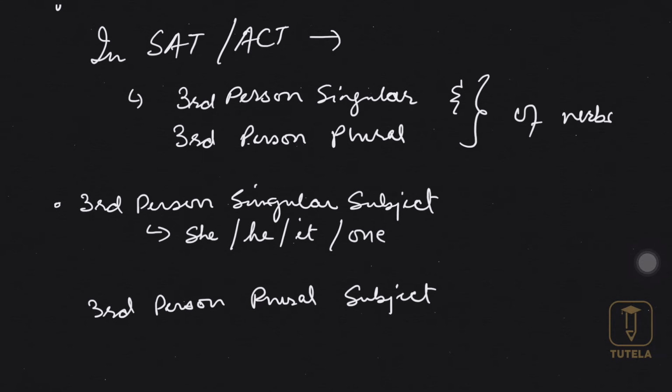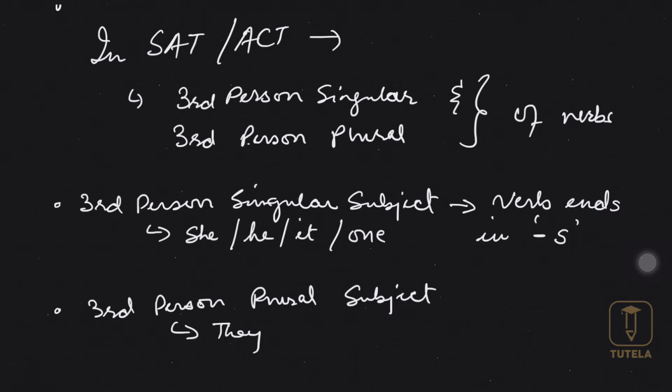Whenever we are using third person singular subject in a sentence, the verb will end in an S. And when we are talking about a third person plural subject, that will be they, the verbs do not end in S.